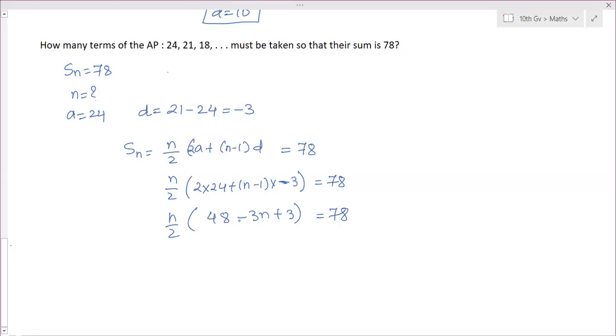Here we cannot take 2 common, so 2 transfer it on the RHS. n into bracket 48 plus 3 is 51 minus 3n is equal to 156. That's 2 multiplied to RHS. So it is minus 3n square plus 51n is equal to 156.